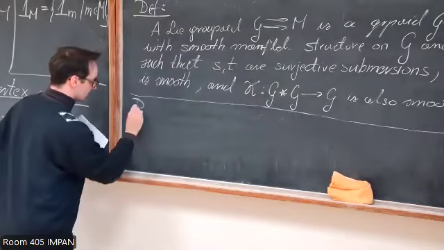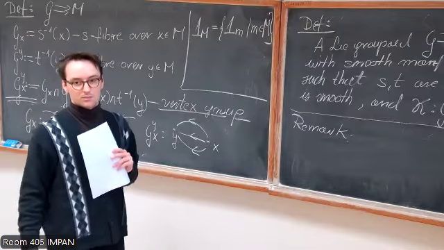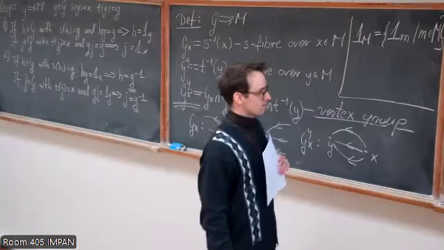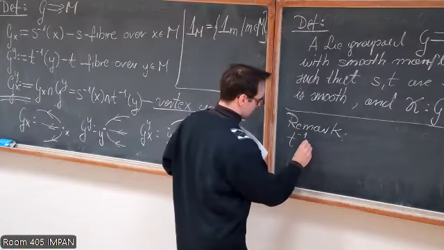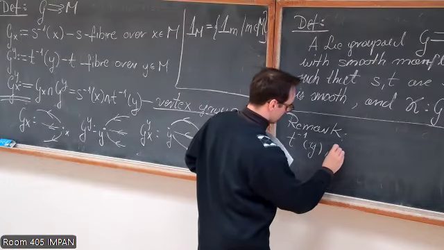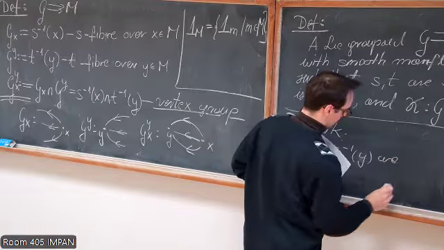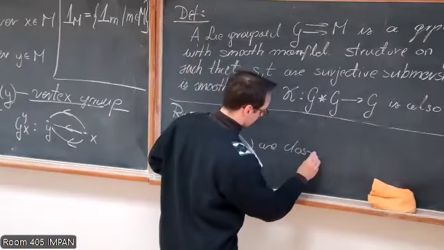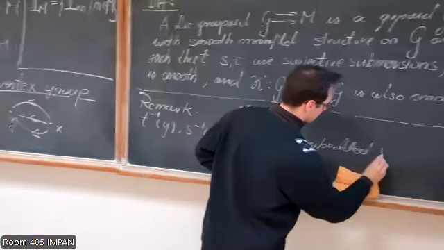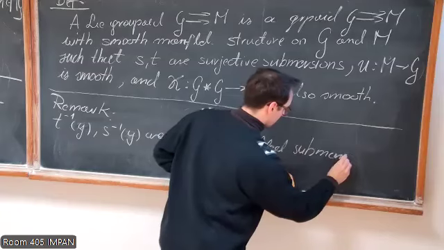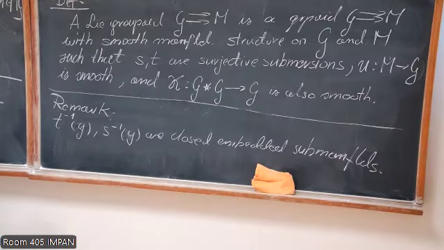So now the remark follows. Since the source and target maps are submersions, it follows that the T fibers and S fibers are closed embedded submanifolds.